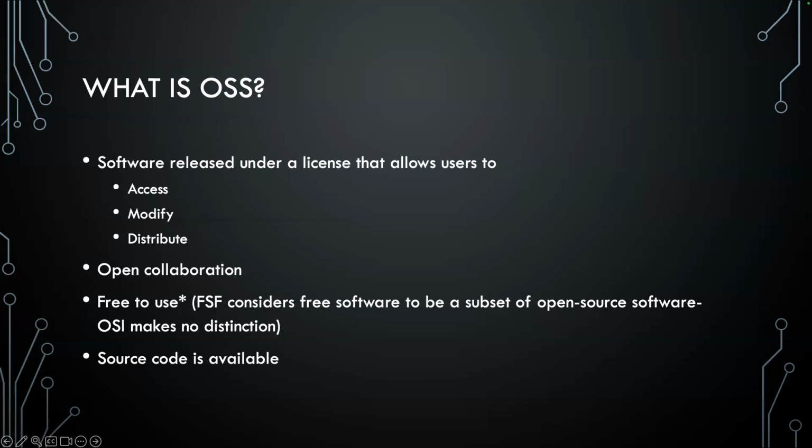There are two schools of thought on that. There's the Open Source Initiative, the OSI, and they don't make a distinction between free to use and just open to use. There's the Free Software Foundation, the FSF, and they consider free software to be a subset of open source software. So they think there could be open source software that you can monetize, and that's where you get AGPL licenses, things like that.